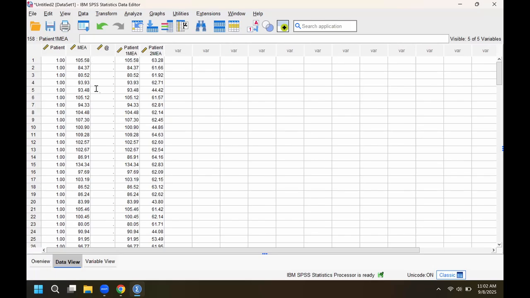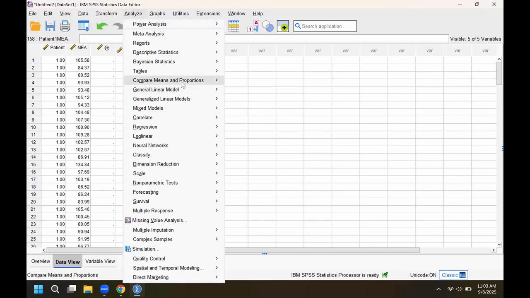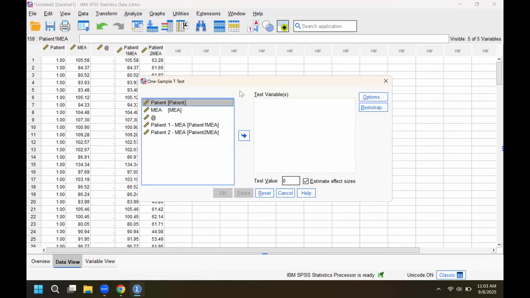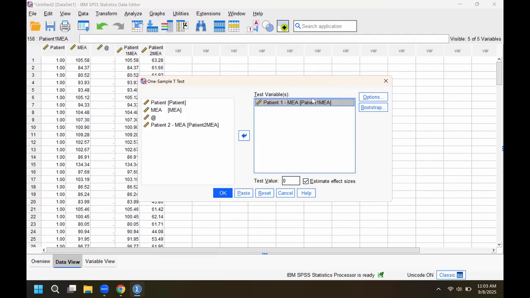We'll see. So the first thing that we can do is compare means, and then we have our t-test, which is also a spoiler for what we're going to be doing. So I'm going to go ahead and start with a one sample t-test and check what this t-test asks me to do. Well, let's say we compare patient one, and the test value, it said, is 90.